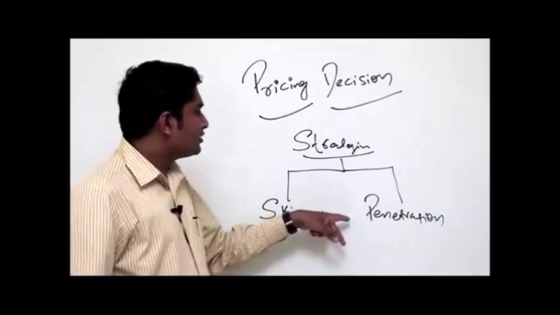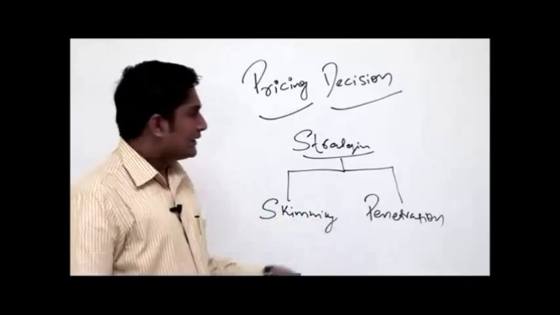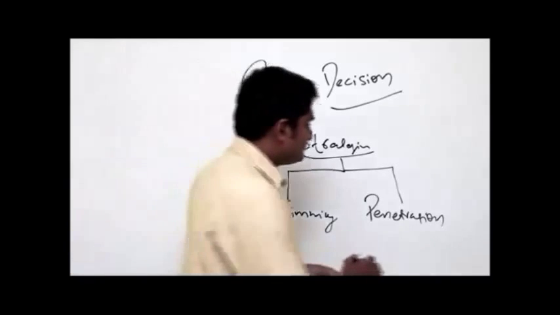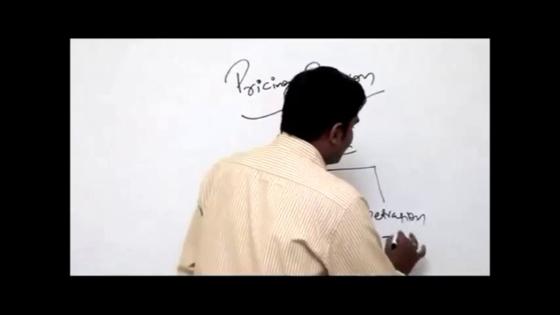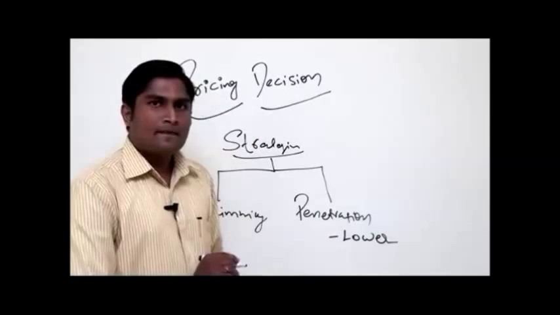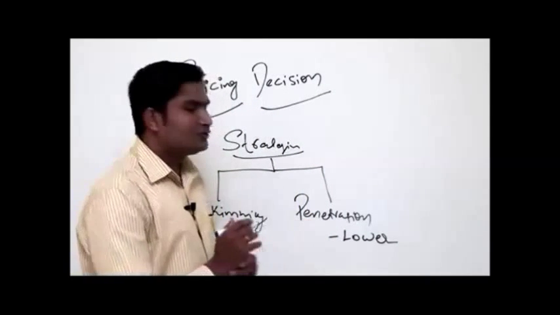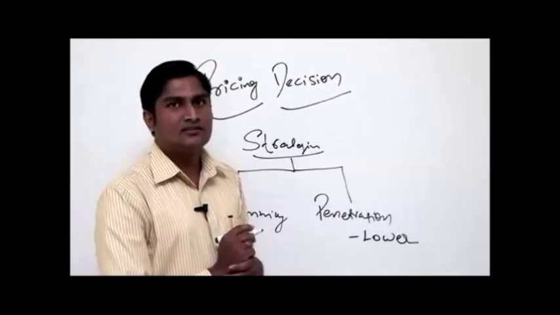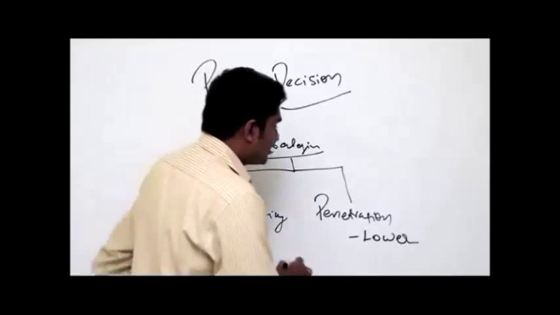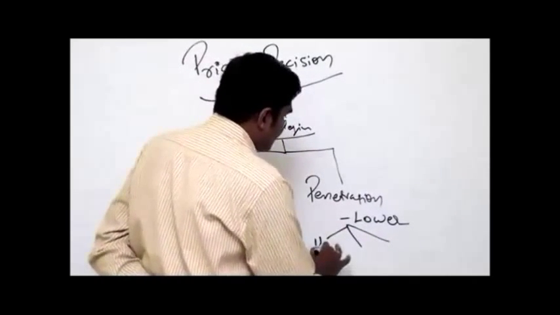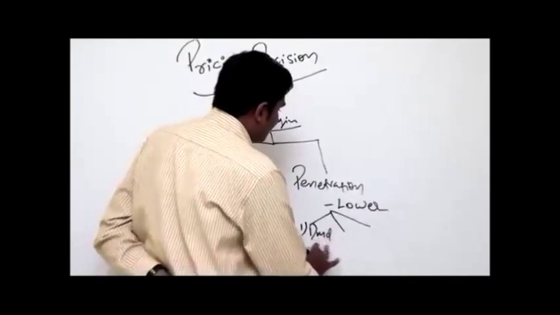Both these policies are opposite to each other. In penetration pricing, first of all, the price charged will be lower. These sorts of pricing policies are adequate if three conditions are satisfied. So what are those conditions? First one, demand is elastic.